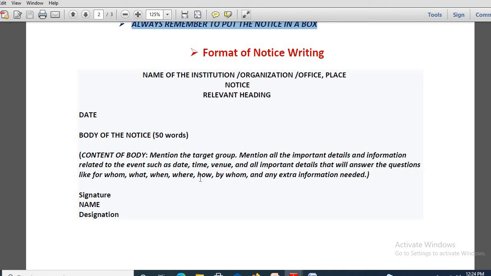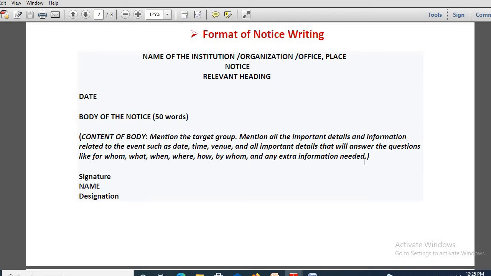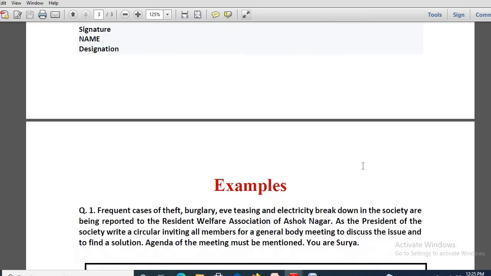All those things you have to write in the body of the notice. Then finally the signature, name, and designation, these things you have to write.